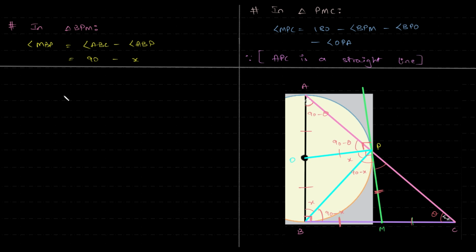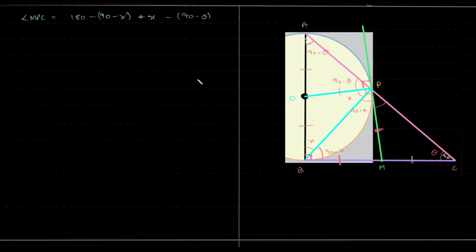Okay, and now we have angle MPC is equal to 180 degree minus (90 minus x plus x), then minus of (90 minus theta). A bit of simplification and we'll get this to be equal to theta. 180 degree minus 90 plus x. Oh, sorry, this is minus, by the way.